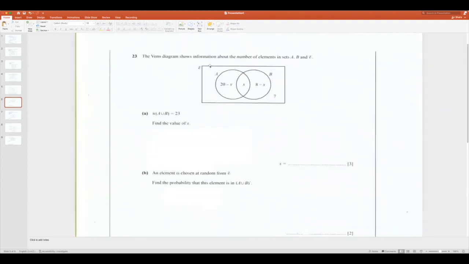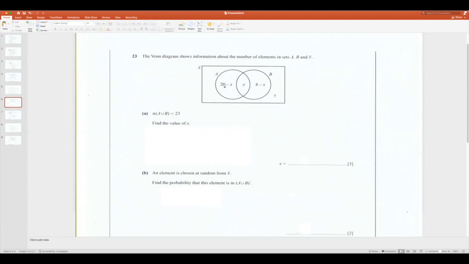The Venn diagram shows information about the number of elements in sets A, B and the universal set. Here we have 20 minus x, x, 8 minus x, and 7. n of A union B equals 23. A union B means this part, and its total is 23. Find the value of x.